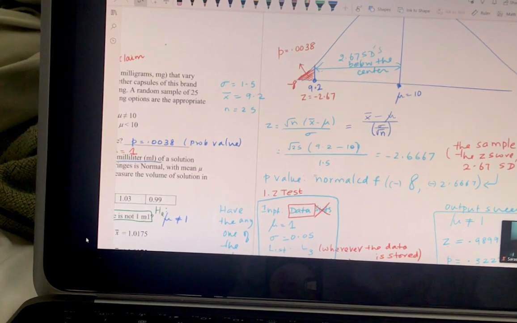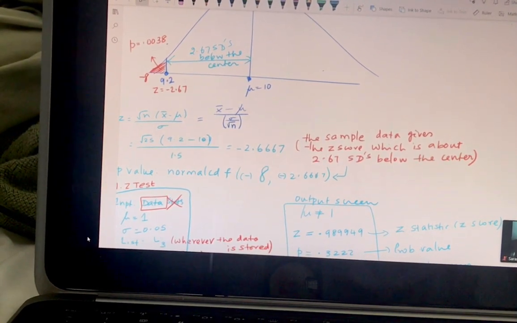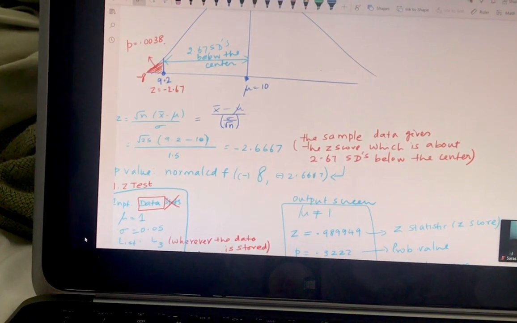What is the meaning of this? You are going to say that the sample mean 9.2 is about 2.67 standard deviations below the center. The sample mean 9.2 is treated as the numerical value, and that numerical value is 2.67 standard deviations below the center.